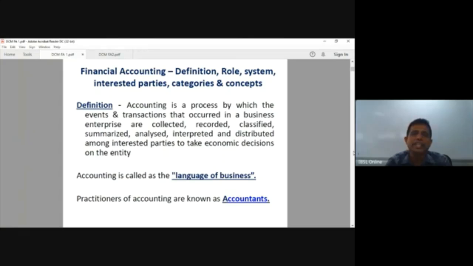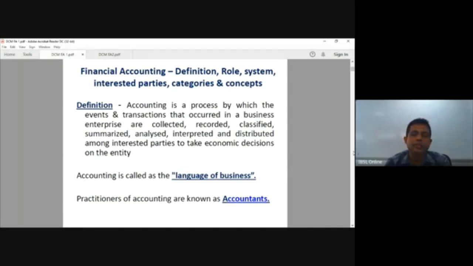If there is no accounting, the business cannot survive, because they don't have information to take decisions. Therefore, it is a compulsory requirement to have some kind of accounting technique within your organization to make records out of the business transactions. There should be a process to collect, record, classify, summarize, analyze, interpret, and distribute the results.